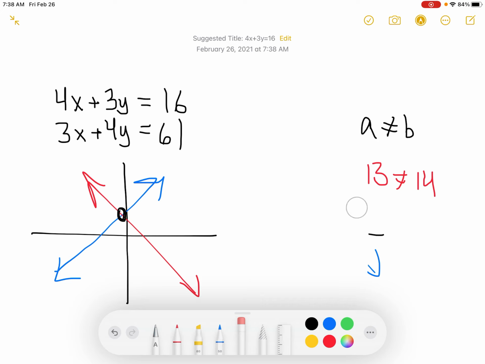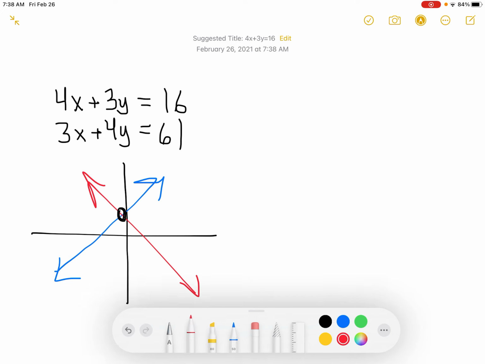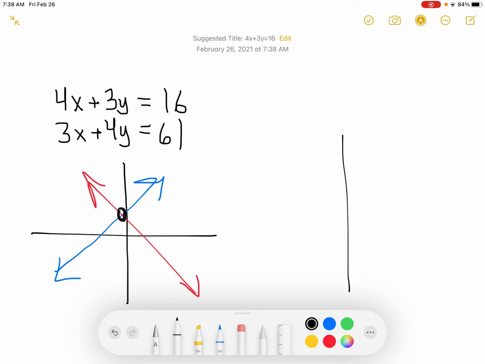But there's also another situation. That's if we had the blue line, and then we had the red line, but the red line was right on top of the blue one, in the exact same spot. So it's pretty much the exact same line.